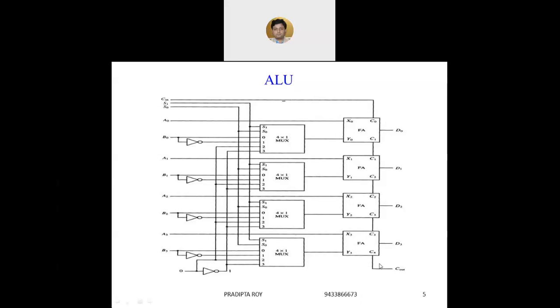So basically, we are performing A plus B. Now, there is another input Cin, you can see at the top of the picture. If the Cin value is 0, then we are just performing the normal addition A plus B, and this arithmetic circuit will provide the corresponding output.